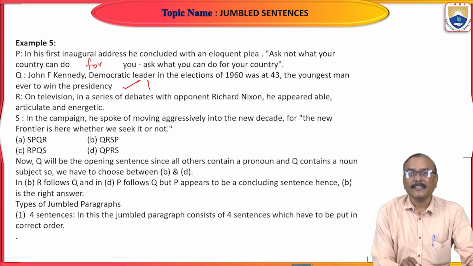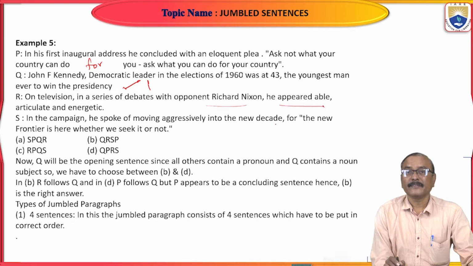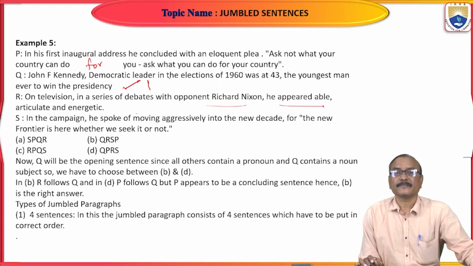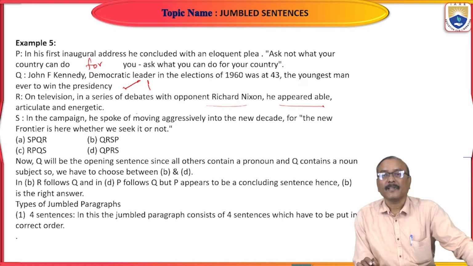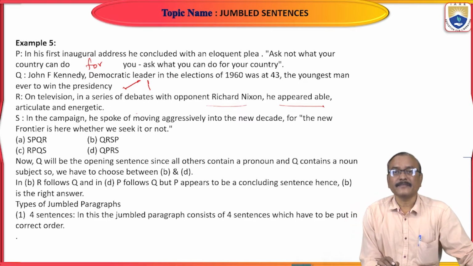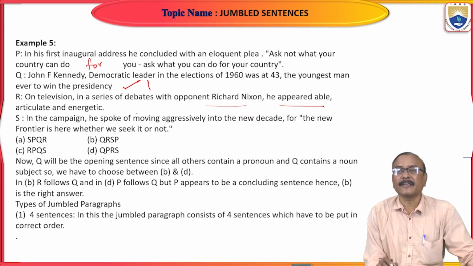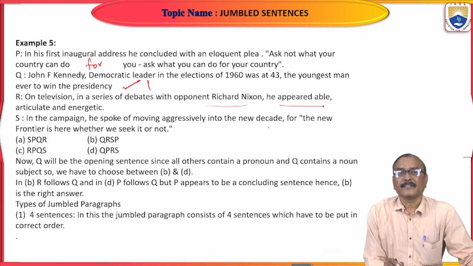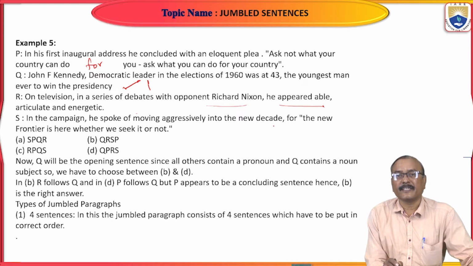On television, in a series of debates with opponent Richard Nixon, he appeared able, articulate and energetic. He means John F. Kennedy. Next, in the campaign, he spoke of moving aggressively into the new decades, for the new frontier is here, whether we seek it or not. Is it clear? So Q should be the first sentence.